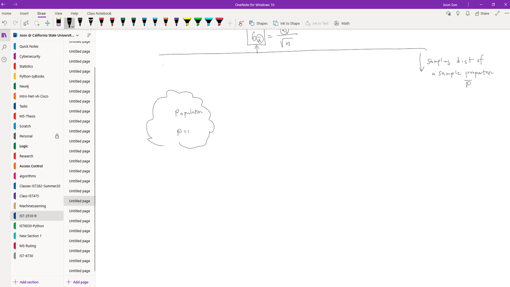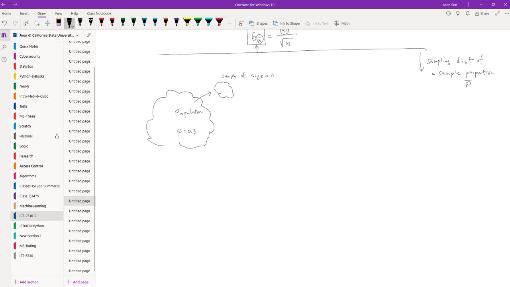Let's say this is 0.3, for example, 30%. And then you take a sample of size n.